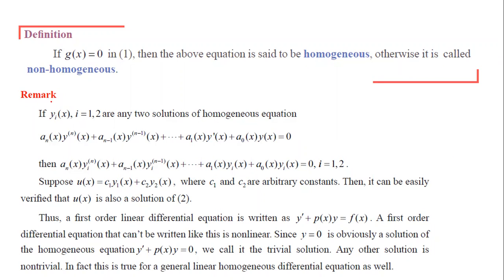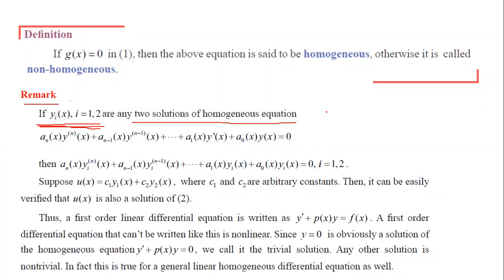See, some remark is there. If y_i of x, for i equal to 1, 2, are any two solutions of a homogeneous equation, that means when is it said to be a solution?